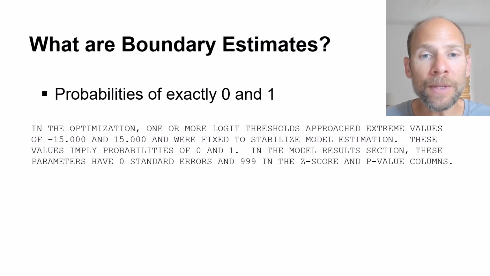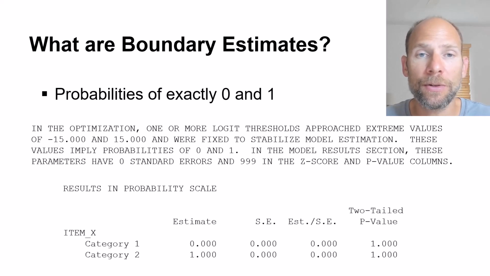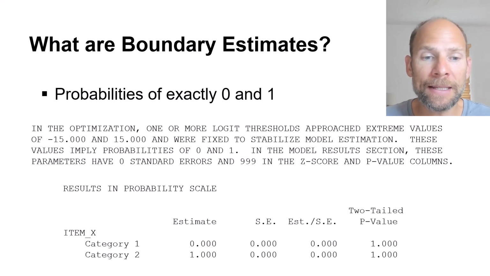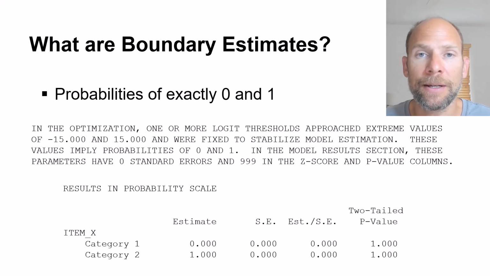And so then when you go to your model results section, to the parameter estimates, in this case I went to the results in probability scale, you will locate those extreme probabilities. For example, here for an item X, where the first category has an estimate of 0, the second category has an estimate of 1 accordingly. And then you can see the standard error, SE, here, it has zeros in its column, and the z-score, estimate divided by standard error, also has zeros. And then the p-values actually should have 999s.